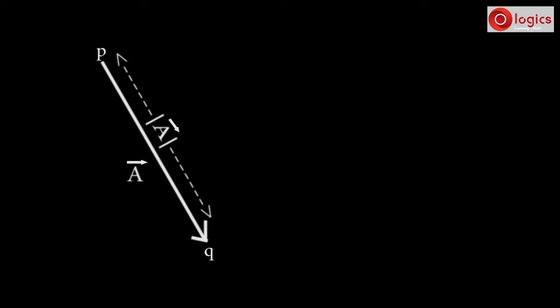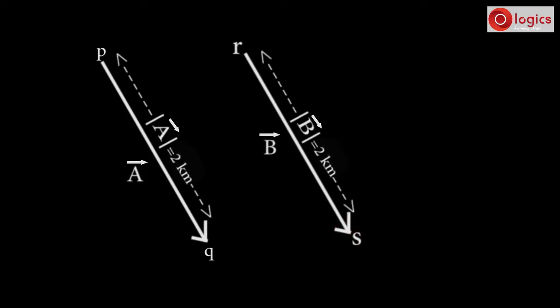Let us say vehicle is displaced 2 kilometers towards south direction. Let's say another vehicle B also displaced with 2 kilometers magnitude towards south direction. Here, both the vectors are having equal magnitude and the direction.